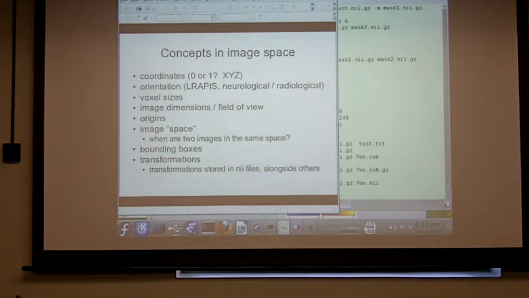Obviously, that affects how you understand where you are in the image. So if you're looking at image coordinates, the volume coordinates, the third voxel is 3 voxels away from the first voxel, but you don't know how many millimeters unless you know the voxel sizes.